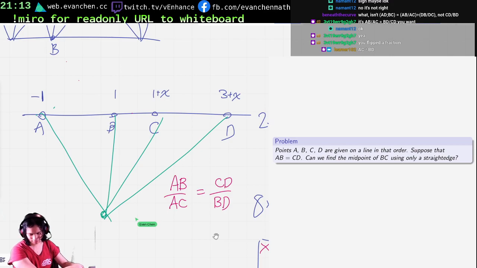I wonder how projective the problem really is. Because that means this condition is not a projective condition.